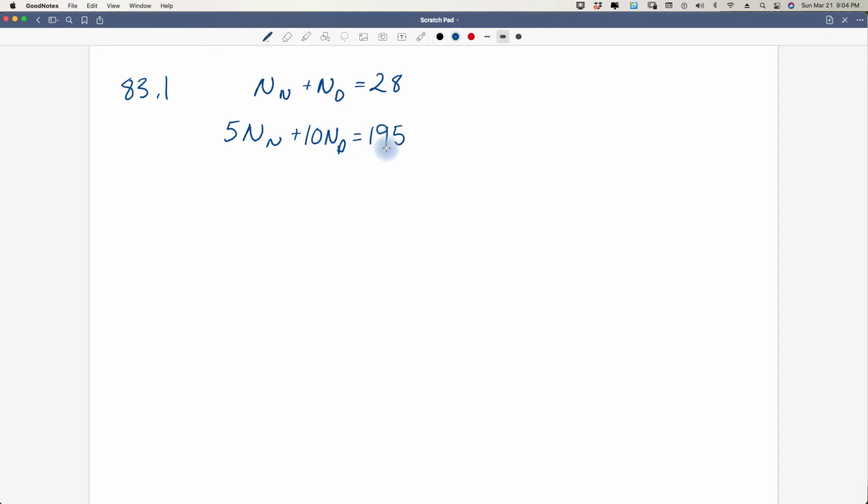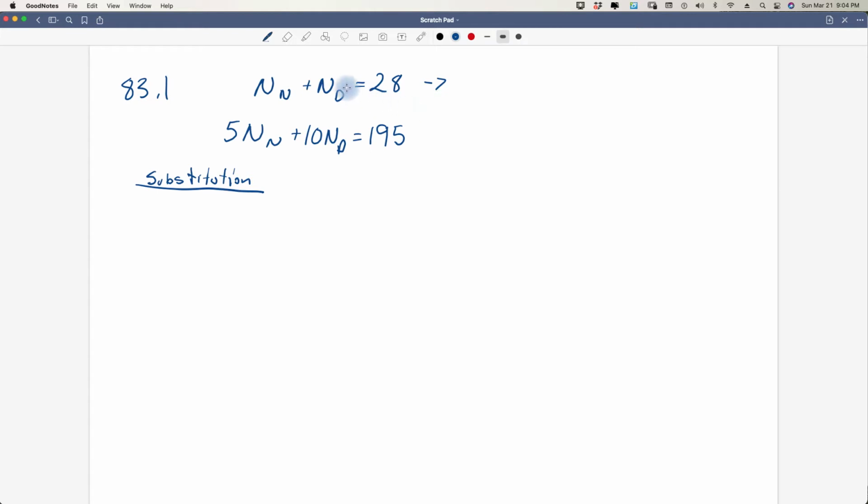Now we can solve this either by substitution or elimination, and we should get the same answer. Let's do substitution first. First we need to get this into a format that can be substituted.